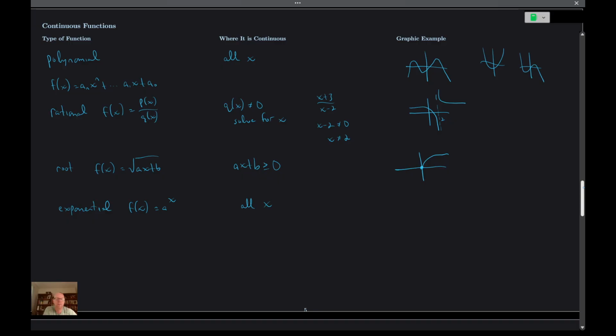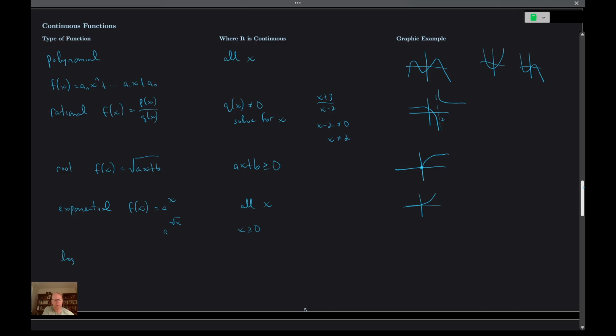Now, if it's something else like a to the square root of x, then this is a root function, so you have to consider where it is continuous. That changes it. In this case, it would be x greater than or equal to 0. So if it's just basic, or a polynomial, all x. If it's something else, then you also have to consider that. But generally speaking, an exponential function is continuous for all real numbers. And of course, this looks something like that.